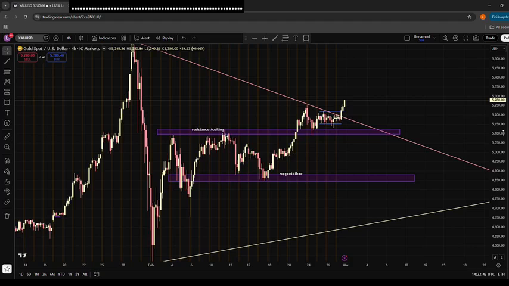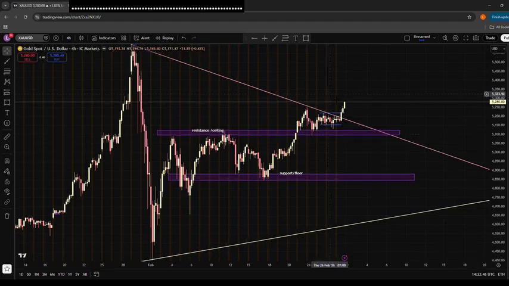The US have said it. It's all over the news, you probably know. And gold is currently above this line. Anyway, I think it's around the 5,400 mark at this moment in time.